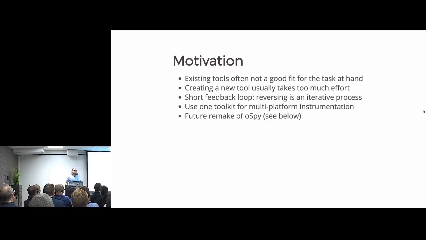As you're reverse engineering, you tend to discover something, and then you adapt your tooling, and then discover something else, and then you keep adapting. So it's like a feedback loop. If you have to continuously adapt, it's important that that loop is short, so you don't run out of patience.